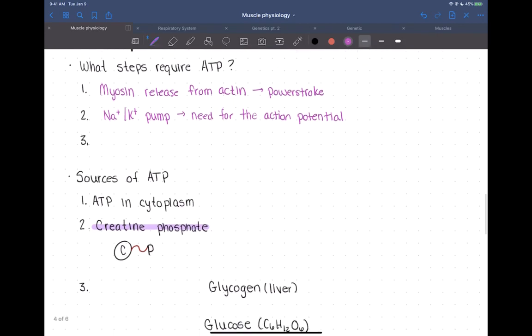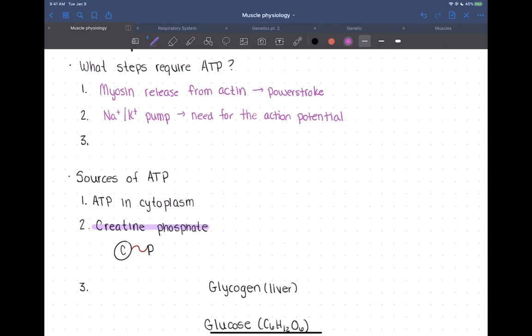And then our third step is at the end when you're ready to stop muscle contraction. Remember, we put the calcium back into the sarcoplasmic reticulum. So you're taking calcium from where there's less and you're putting it into the sarcoplasmic reticulum where there's going to be a lot of calcium.